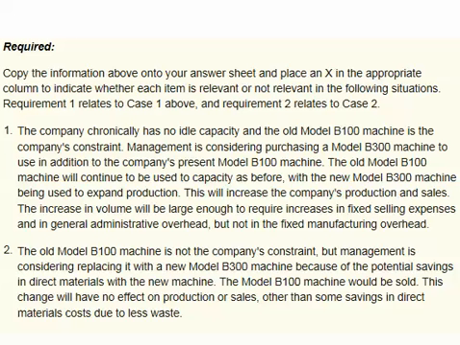So the model B100 machine will be sold, and this change in machines will have no effect on our production level or our sales, other than some direct savings, again, in direct material costs due to less waste. So now we're considering replacing the B100 with the B300, not to increase sales, but simply to reduce our direct material cost. Let's go ahead and look at our relevant cost for this situation.